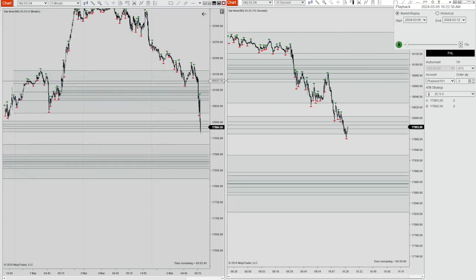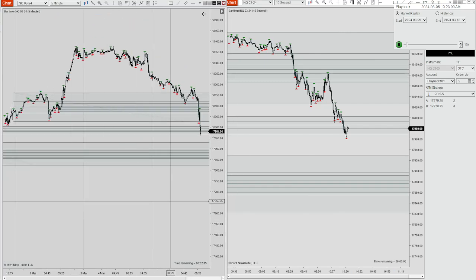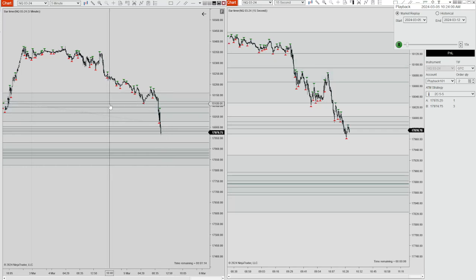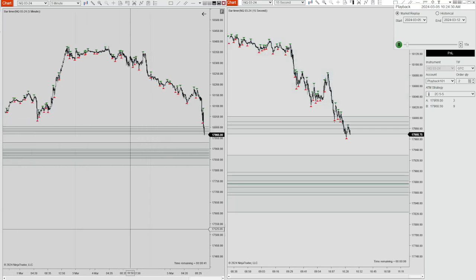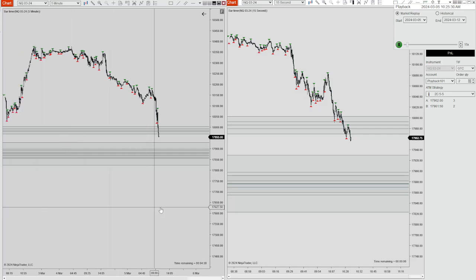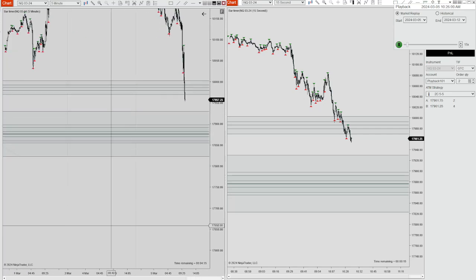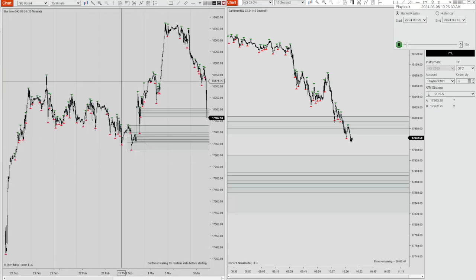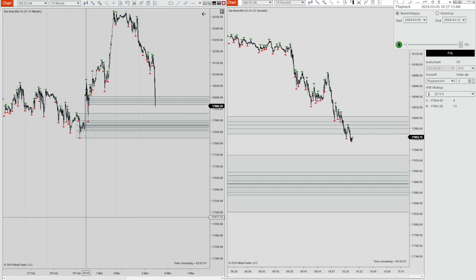So 15-minute structure, we just broke to the downside. I'm expecting us to tap back in though, but this looks like it's bearish, quite bearish.